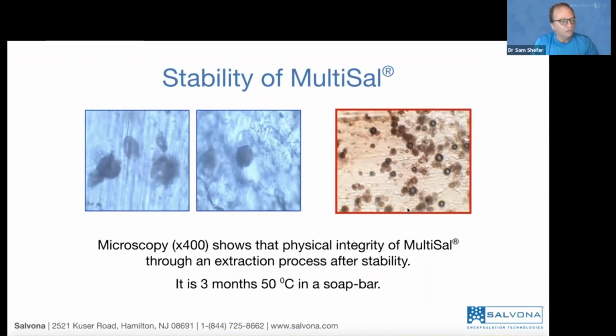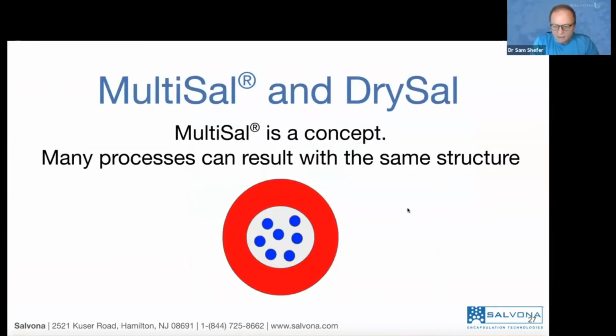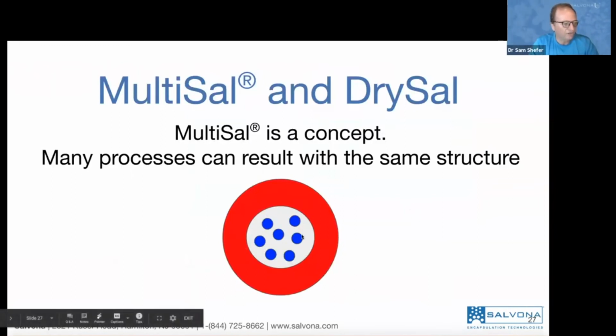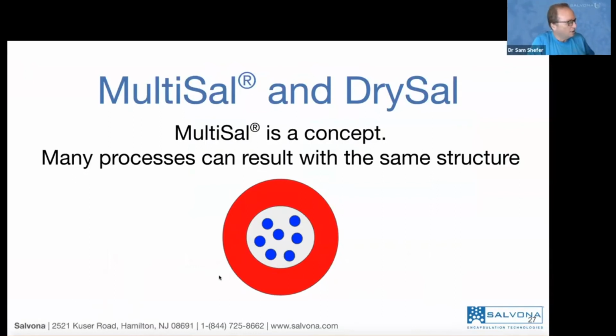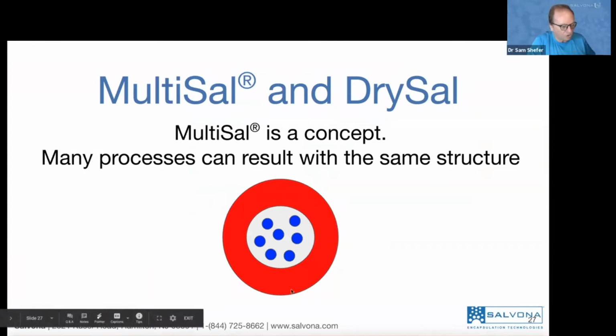Now I want to take you, this is the basic structure of MultiSal, but not all MultiSal are the same. Dry sal is a version of MultiSal. It's again taking the active and encapsulating it and then coating it. So there are multiple steps as usual, but we get the same structure, through a different process.